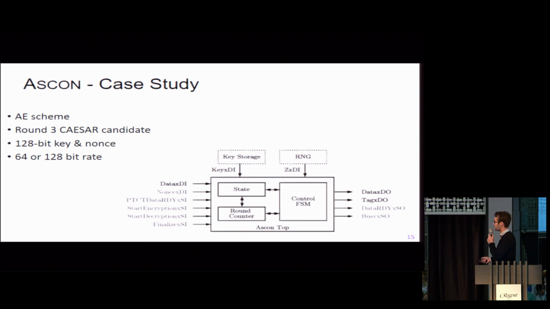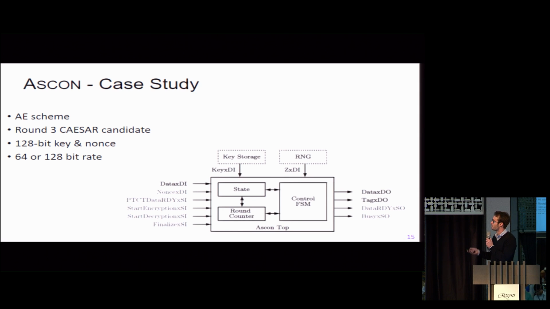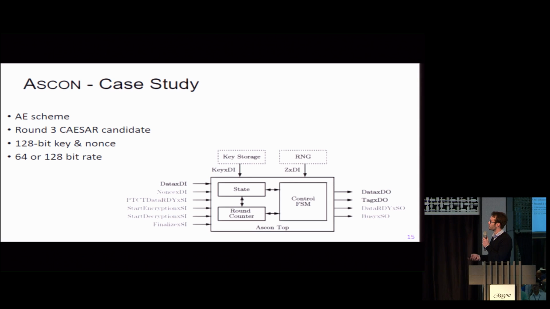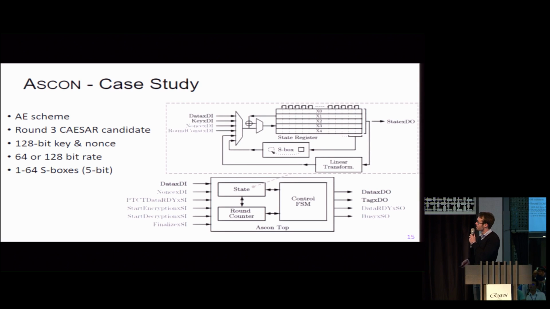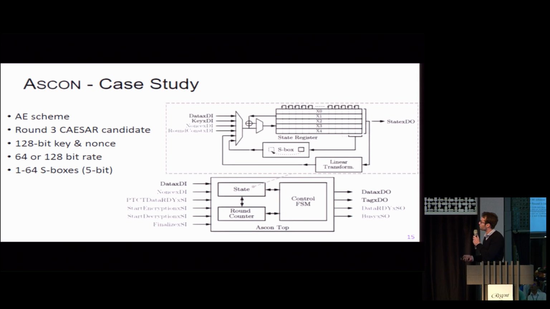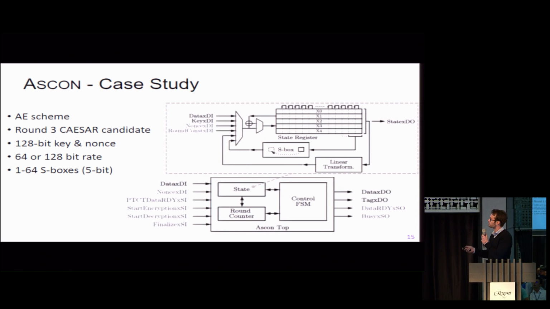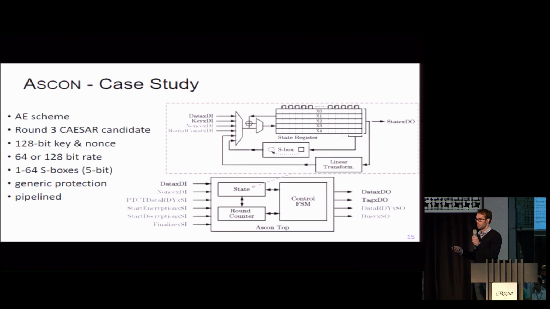It's actually quite simple. We only have 3 modules: the control FSM, a round counter, and the state. And the state is where all the interesting stuff happens, so all the state transformations. We have the S-box lookup that is adjustable, also the linear transformation, and so on. And as I said before, the protection is generic, and the S-box is always pipelined.